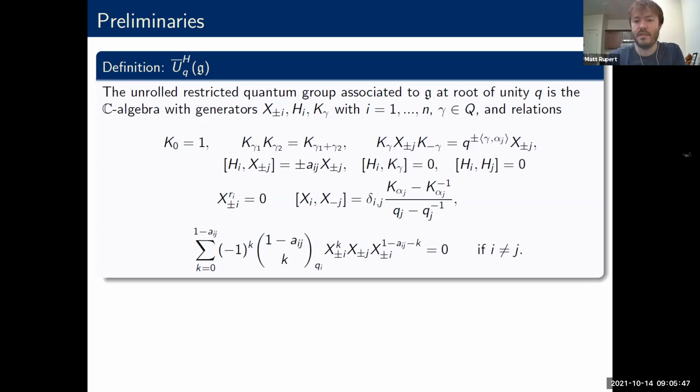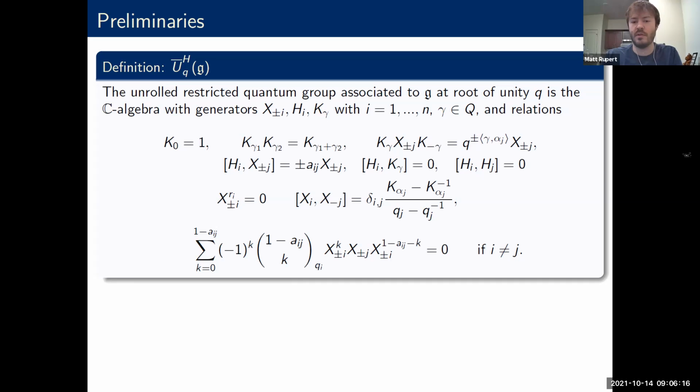So the unrolled quantum group associated to G at the root of unity Q is just the C algebra with generators X, H, and K with these relations. If you're familiar with quantum groups, you may notice that if you just consider the subalgebra generated by the X and K terms, then this is the unrestricted specialization, or, well, we've taken a quotient of it now.